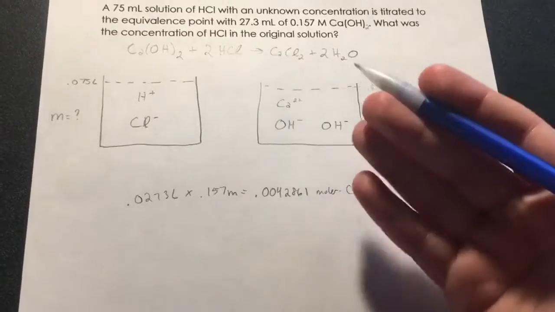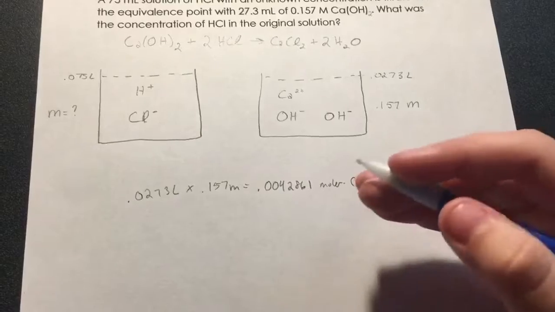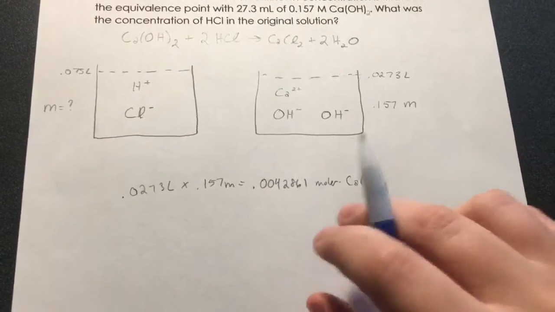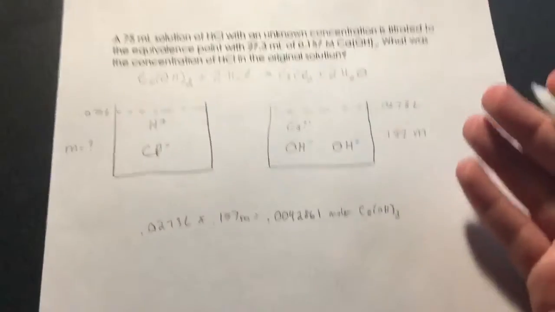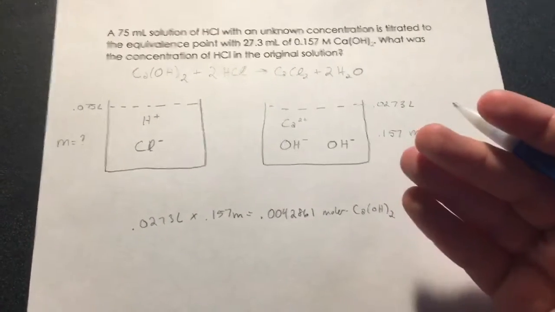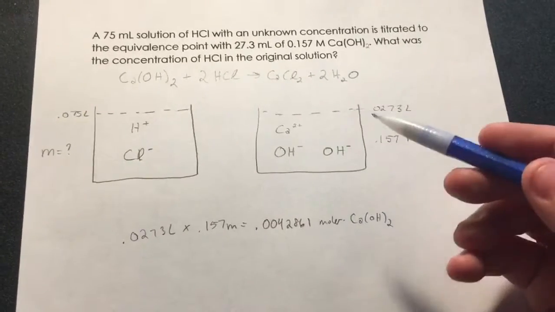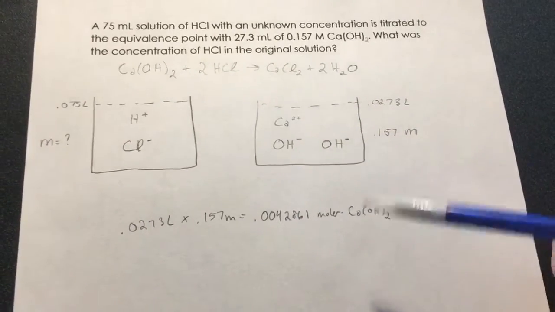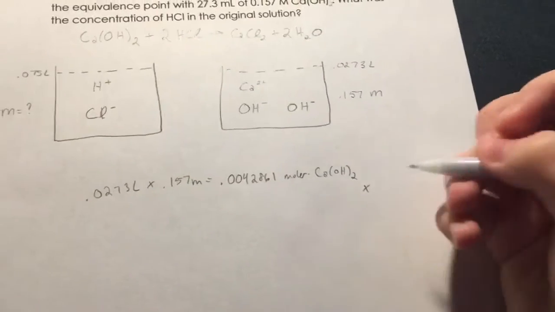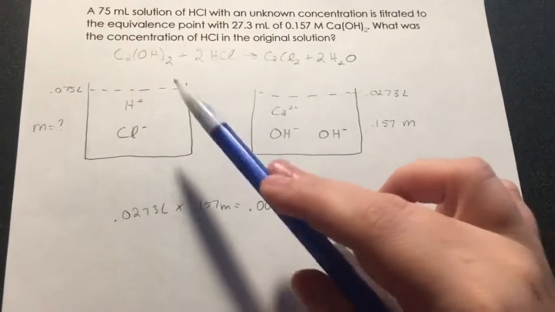Okay, so now we have the moles of Ca(OH)2. We're still trying to find the concentration of HCl. So what we want to do is take the moles of Ca(OH)2 and convert them into moles of HCl. We can do this because we have the balanced equation right here. We multiply by the moles of Ca(OH)2 on the bottom, which, if we look back at the balanced equation, is 1.